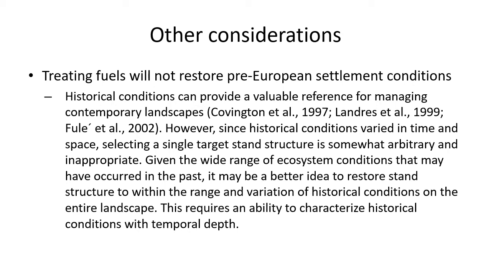So at least in this context, it's not that helpful to think about these as restoration treatments, because we need to think about a whole lot more than just torching and active crown fire reduction if we want to truly do restoration.